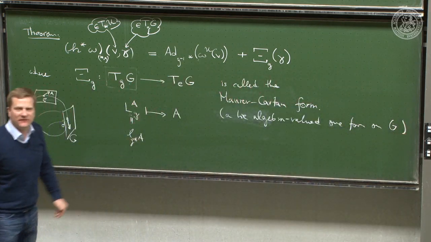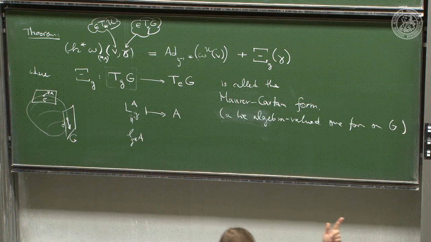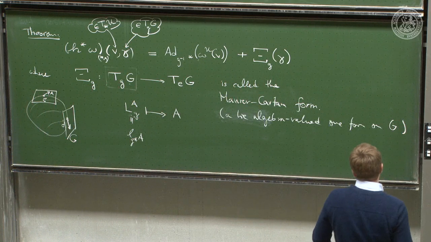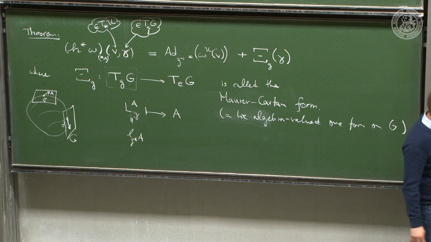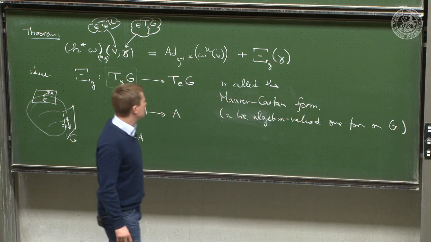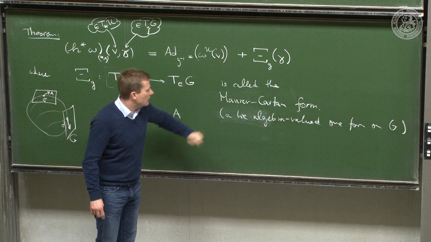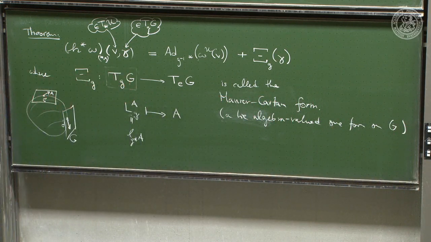Before we had Lie algebra valued 1 forms on the principal bundle total space, that was the connection. We had a Lie algebra valued 1 form on the base space or part of the base space, that's the Young-Mills field. And now with the Maurer-Cartan form, we have a Lie algebra valued 1 form on the group.